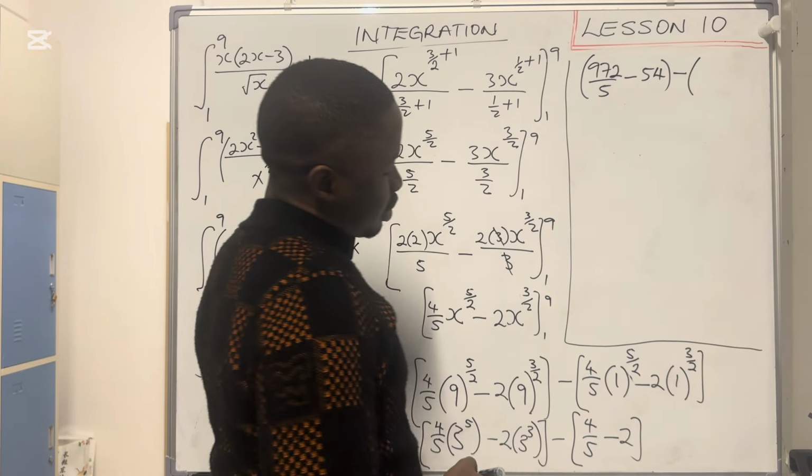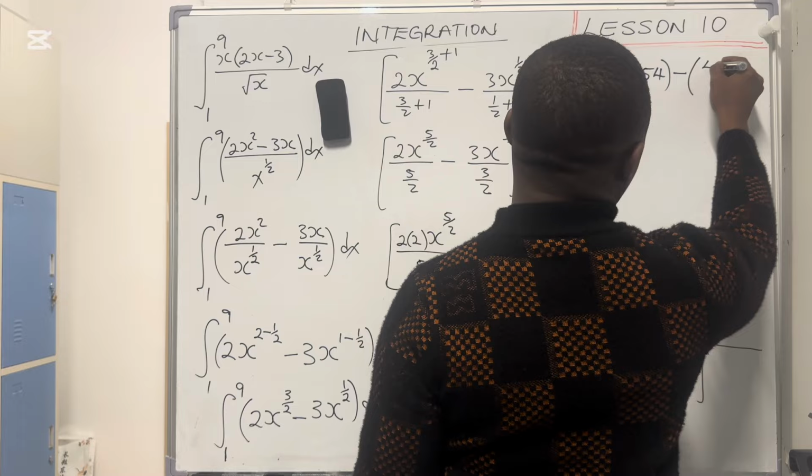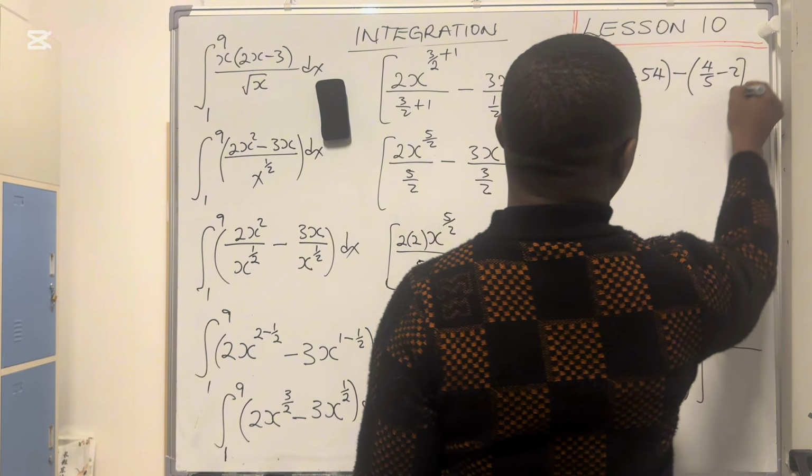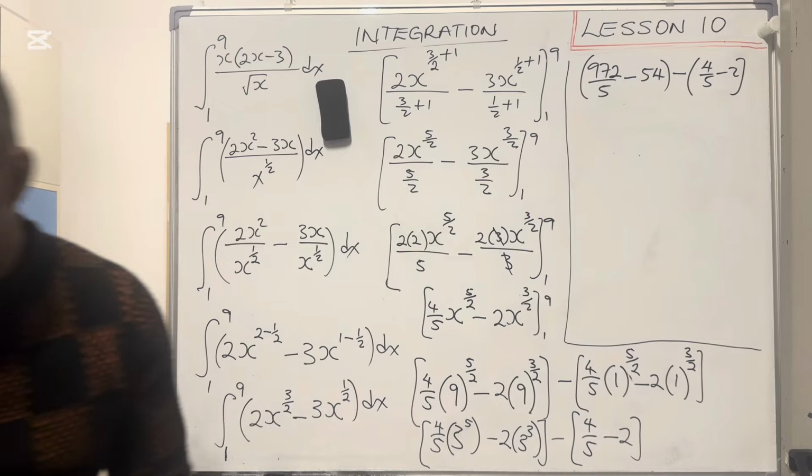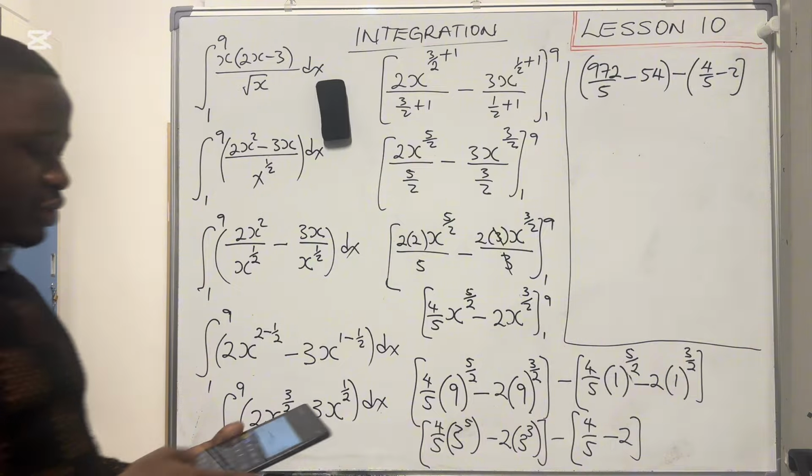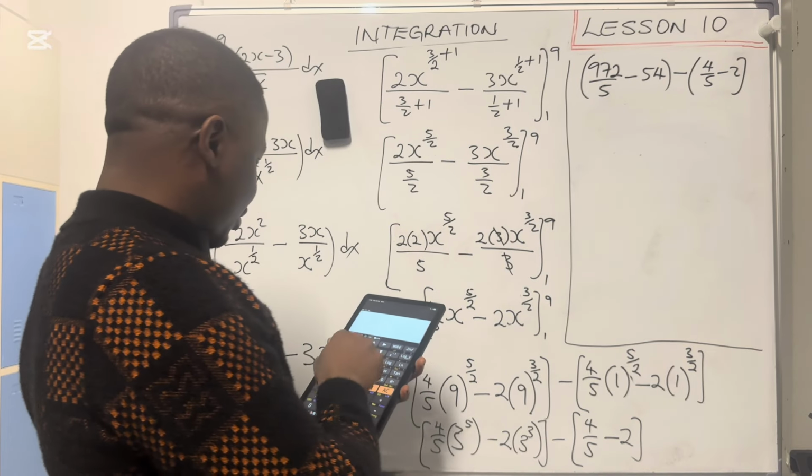Minus. So we have here 4 over 5 minus 2. Yes. You can use your calculator there as well to do everything.